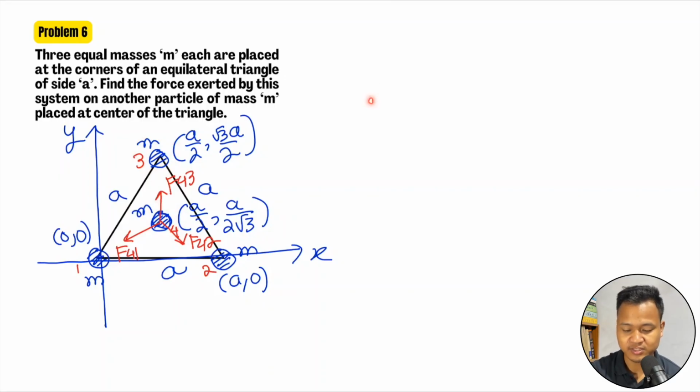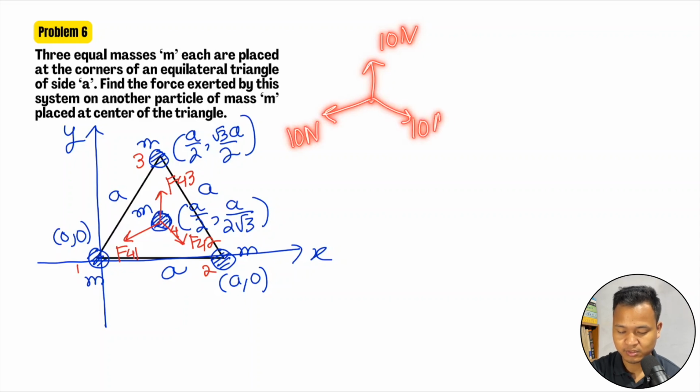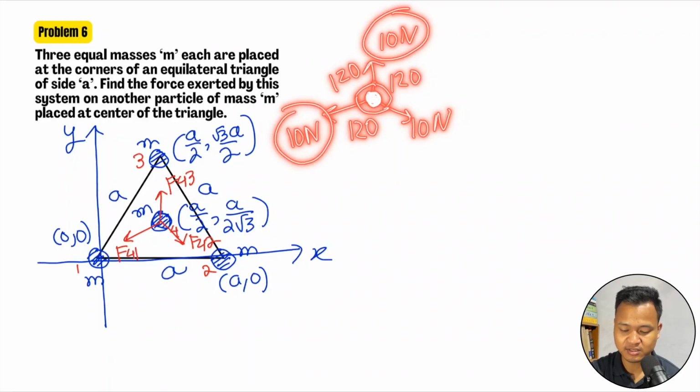See, think of this: if I have one force of 10 newton along each side, with 120 degrees between them, the block will be in equilibrium. The forces cancel, so here the net force is 0.